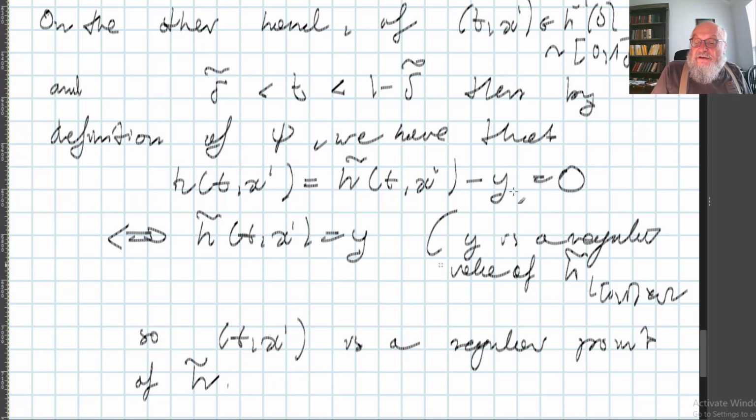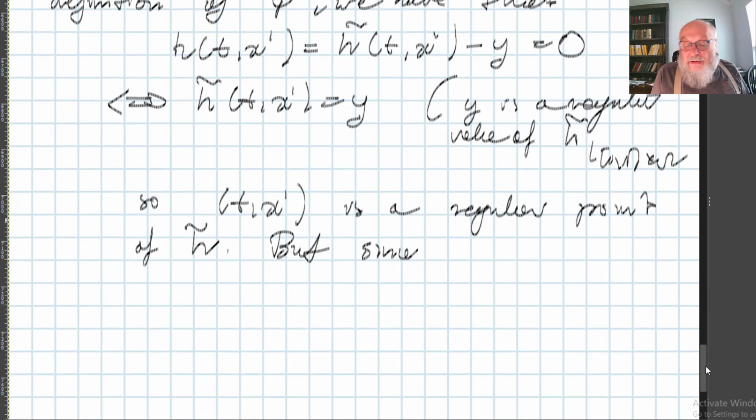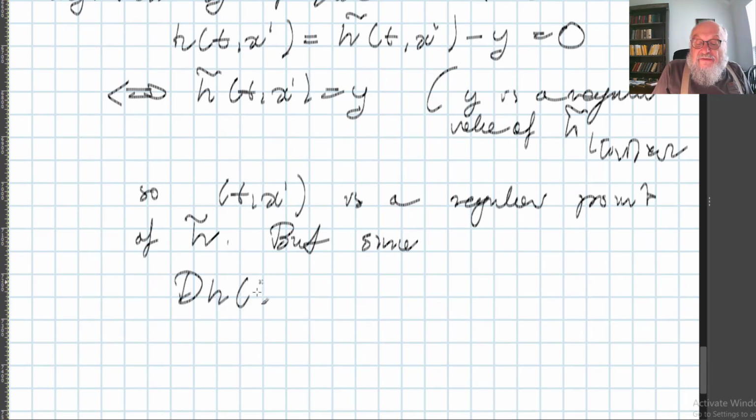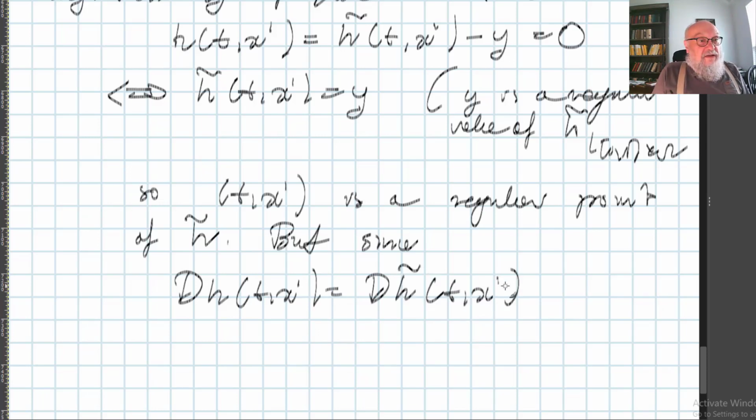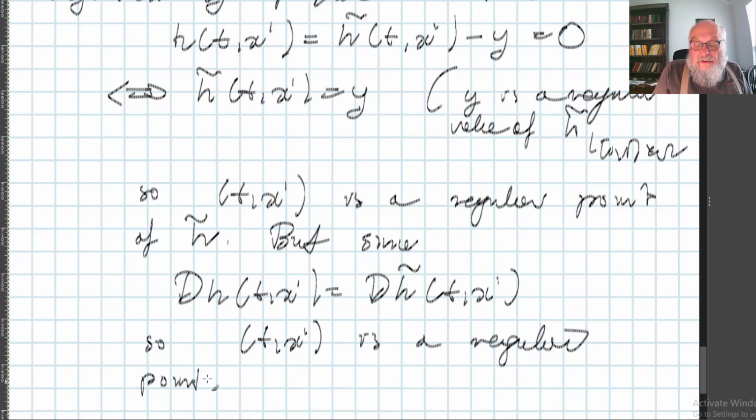But this regular point means also, shifted by y, that the derivative of h at t x prime is exactly the same as the derivative of h tilde at t x prime, so we are getting immediately that t x prime is a regular point of h. That's it.